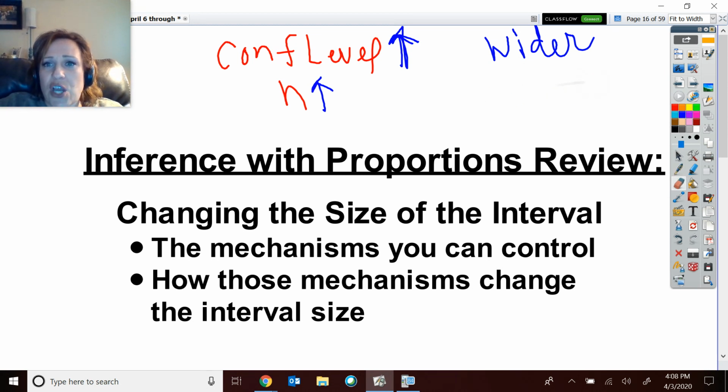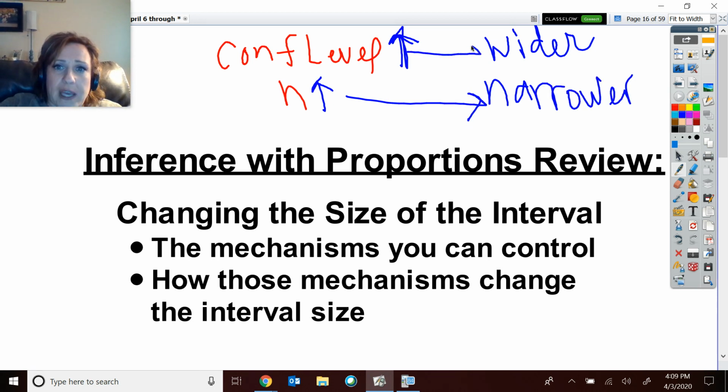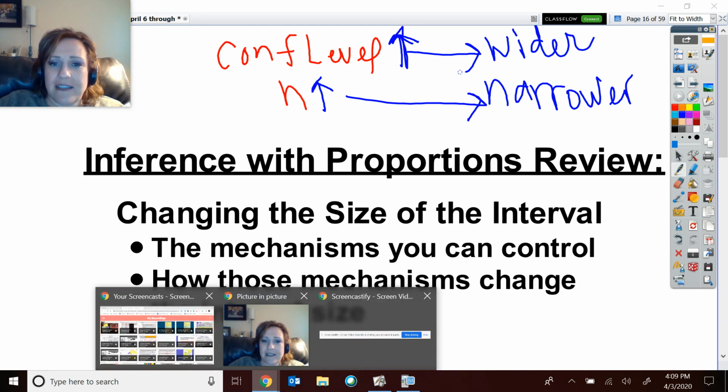And then as n is going up, it's making your standard deviation smaller, so it's less varied. Therefore, n going up would make the interval get narrower. Okay, very good. That's how that is. Okay, that's the end of that video.